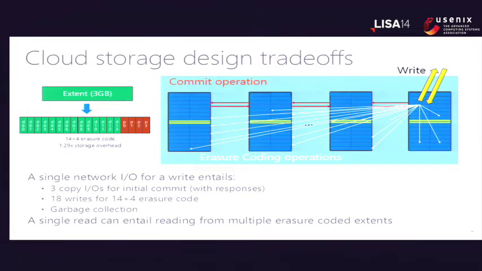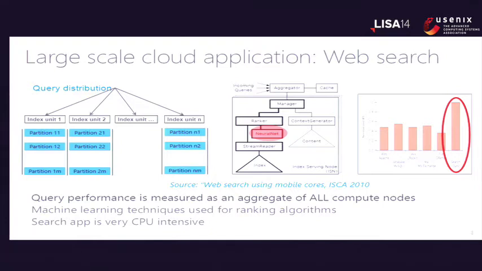So, very different workload. Let's take a look at a completely different workload, which is search. Here you're indexing the entire internet, and when somebody enters a query, you want to respond back to the user within, call it, 100 milliseconds. You have maybe 50 billion documents in your store, and you want to return a result in 100 milliseconds.